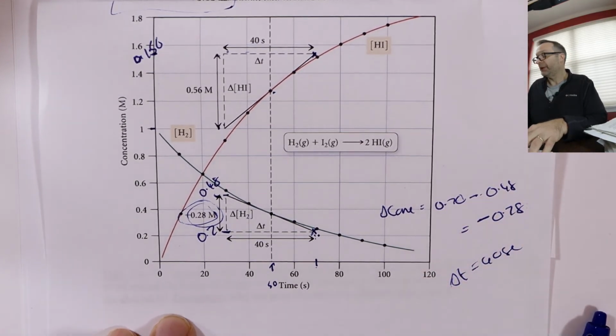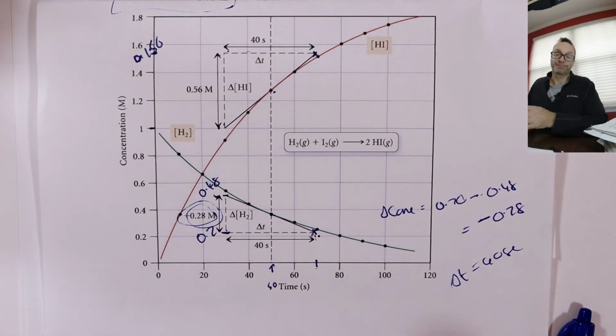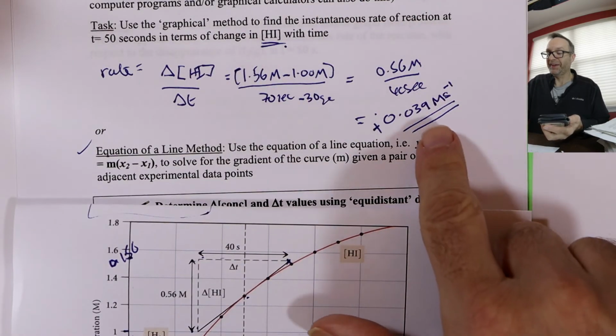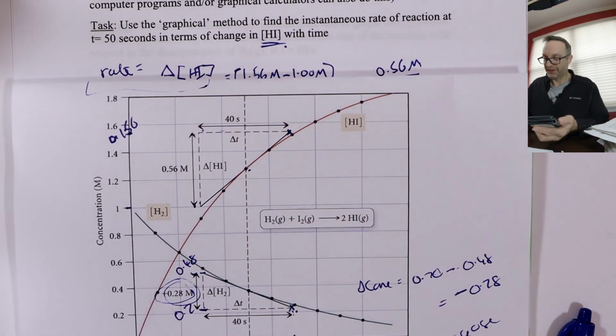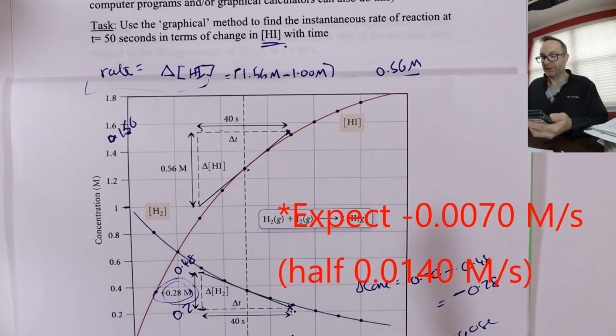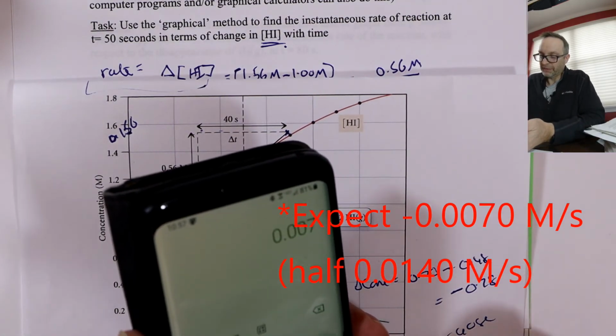So divide them out, minus 0.28 divided by 40. We're going to predict it's half of this value, so it's going to be around 0.02 rather. So 0.28 divided by 40 equals minus 0.007.